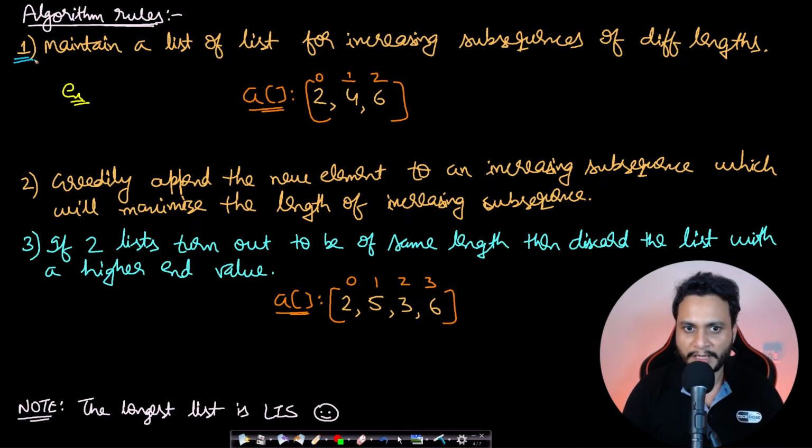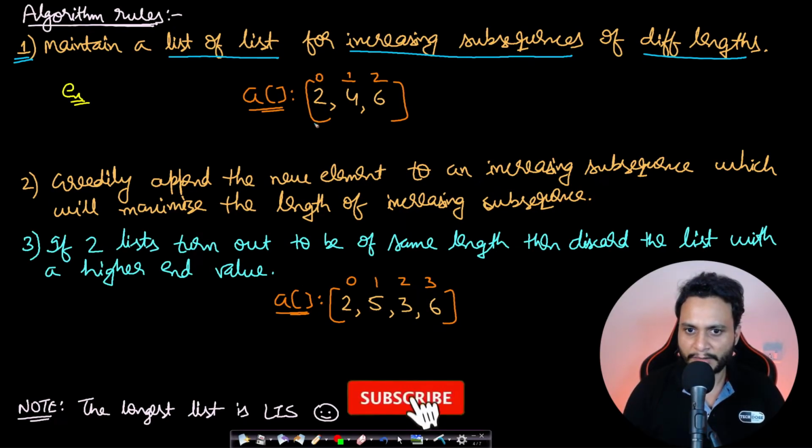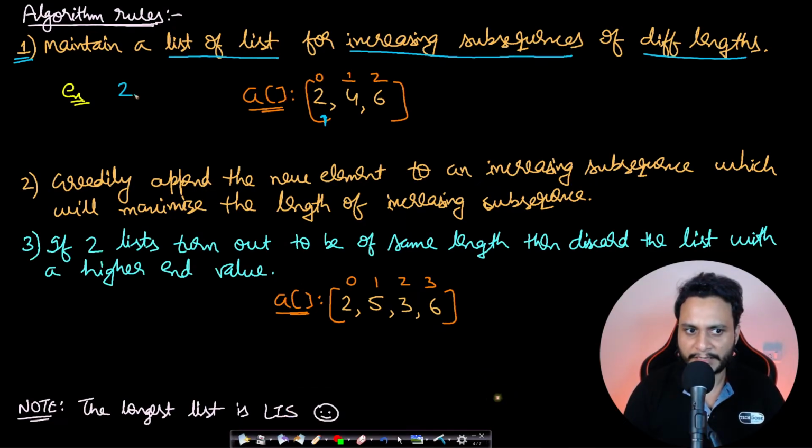The first point is we have to maintain a list of lists for maintaining all the increasing subsequences of different lengths. Now let's say we have the items 2, 4, 6 and we will be seeing them one by one. If I see 2, then I will append it and it will be a single list with the LIS of length 1. But if I see 4, then think about it.